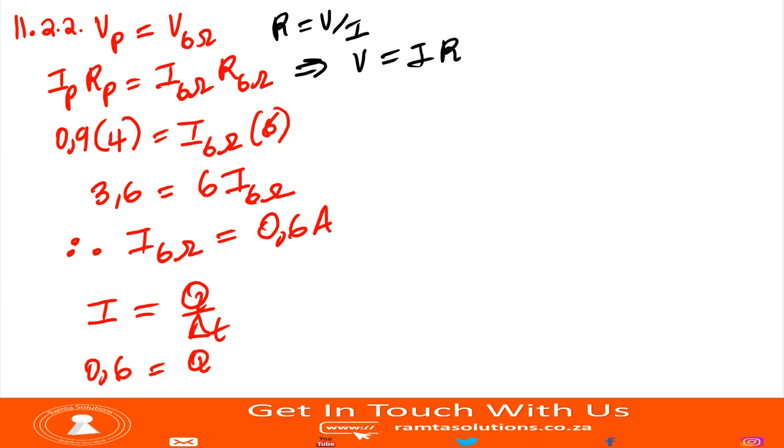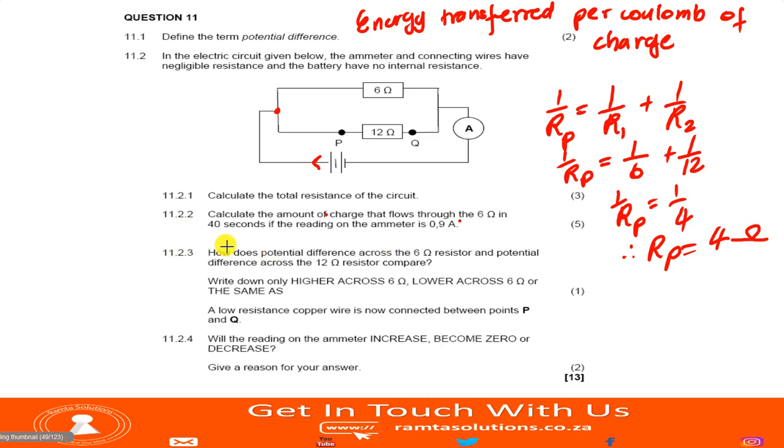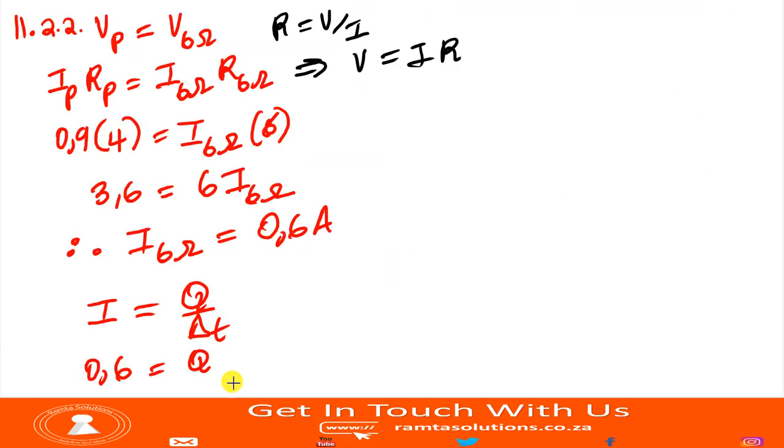We do not know the charge. The time is 40 seconds, so we will multiply by 40. Now, charge is 0.6 times 40.